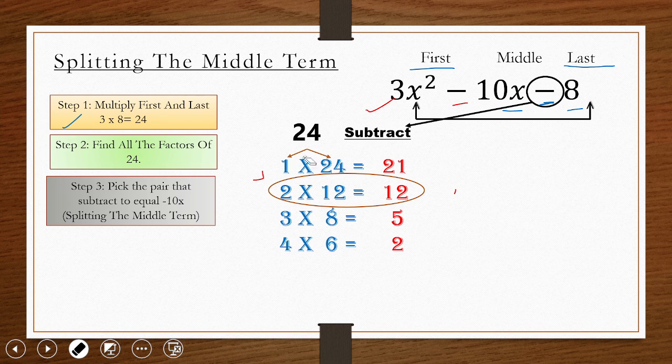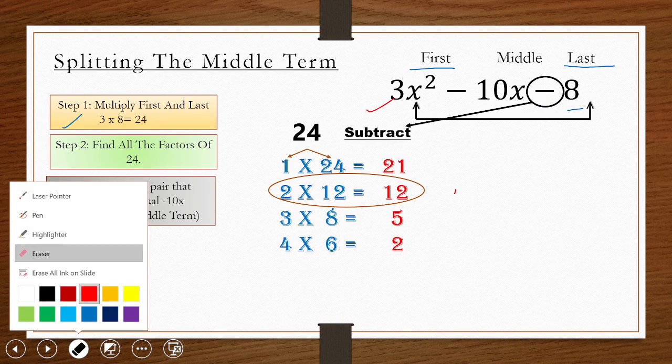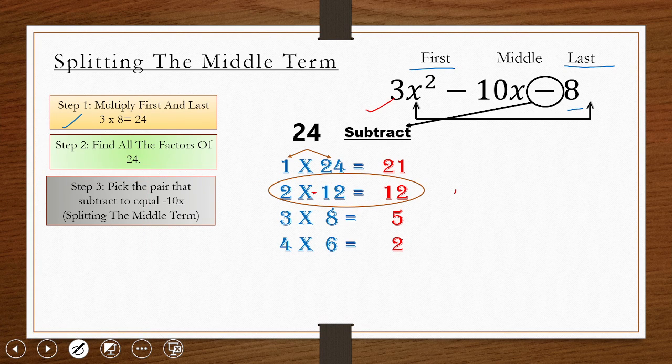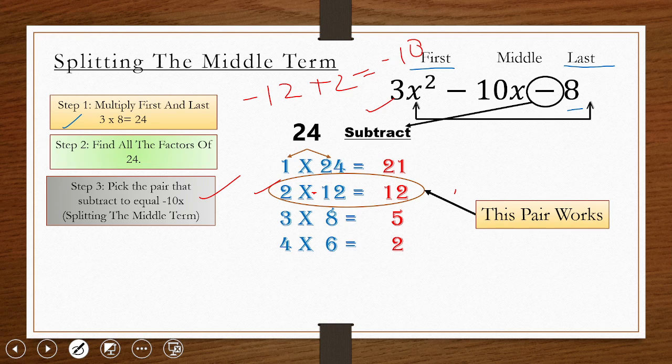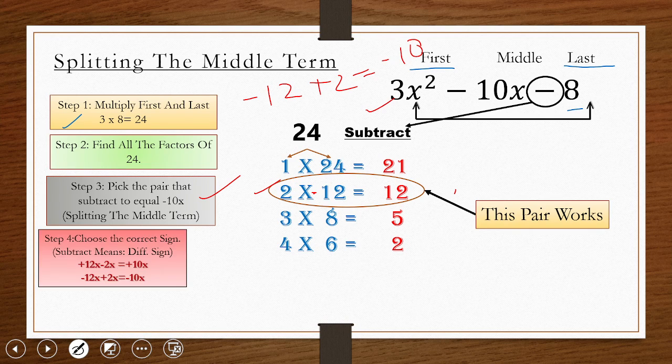So minus 10 is given by minus 12 and plus 2. Minus 12 plus 2 gives us minus 10. Okay, this term is correct and we are taking this term. This pair works, so we'll take this pair.